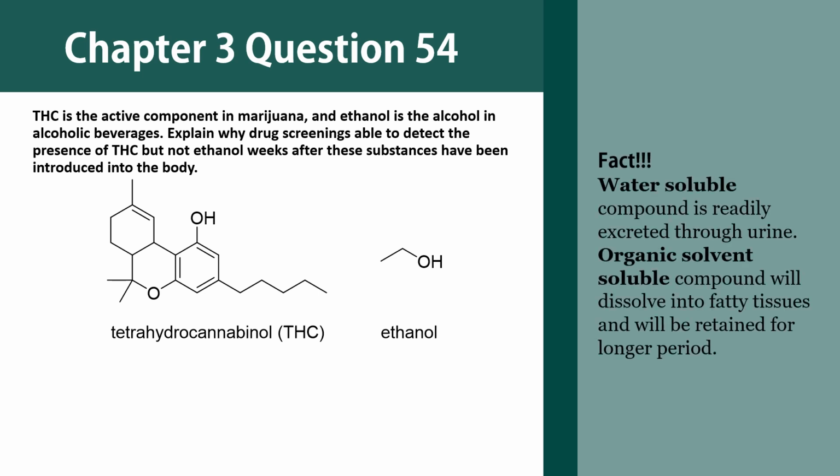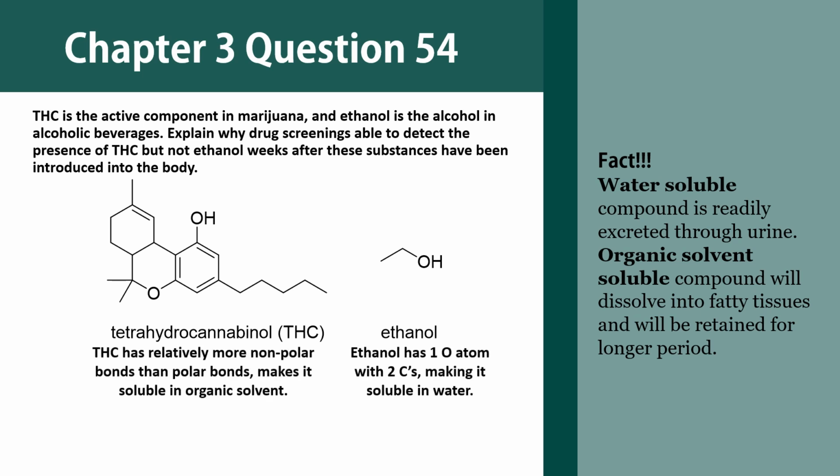A water-soluble compound is readily excreted through urine, while an organic solvent-soluble compound will dissolve into fatty tissue and be retained for a longer period. THC has relatively more non-polar bonds than polar bonds, making it soluble in organic solvent and not very soluble in water, while ethanol has one oxygen atom with two carbons, making it soluble in water.